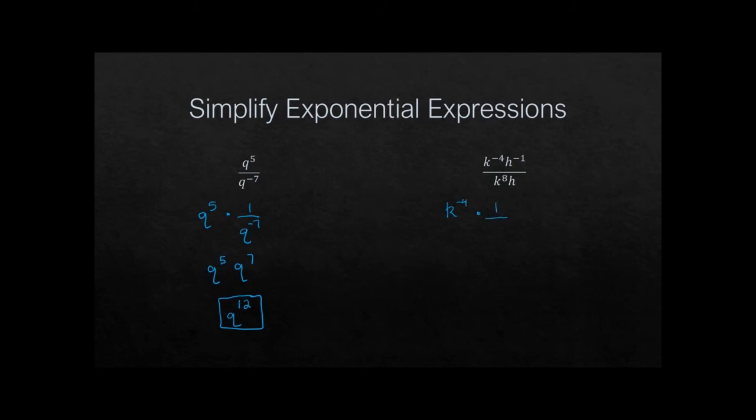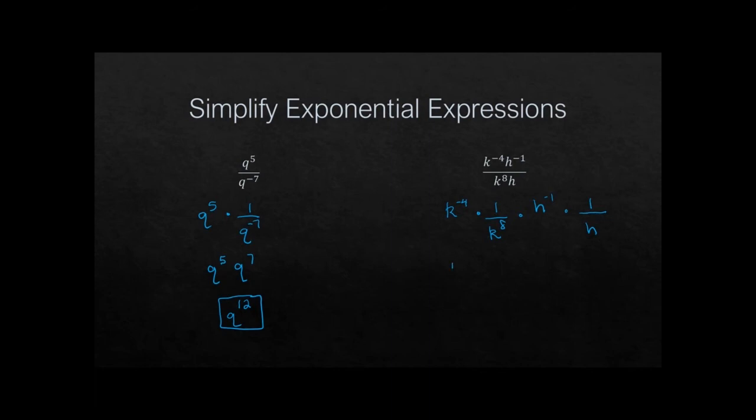Anything that's in the denominator, you can write as a separate fraction, and so I can actually separate these out like this, because when you multiply them together, you'll get back to the original. And because order of multiplication doesn't matter, I just rearranged it so that I put the k's together and the h's together.